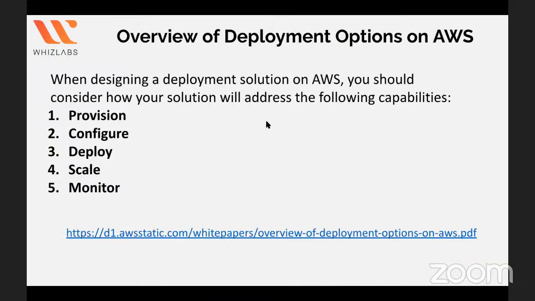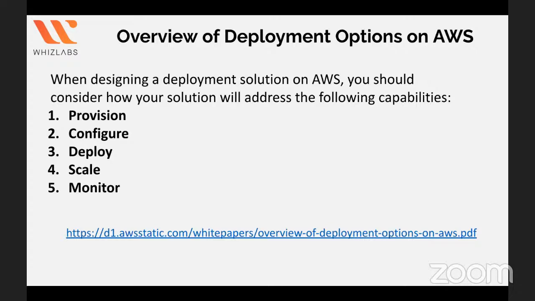Okay, so first we will see an overview of deployment. Deployment is addressed using 5 capabilities. The very first is provisioning the resources, then configuring the resources, then comes deploying, scaling and monitoring. Provisioning can be done using services like CloudFormation, or you can manually provision them, which is not recommended.